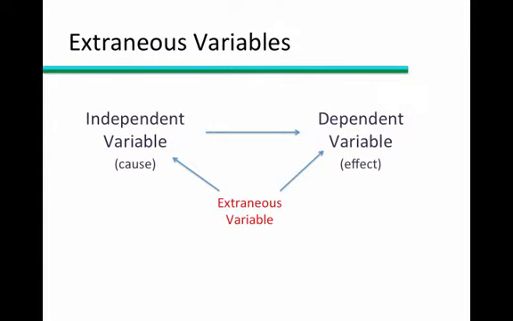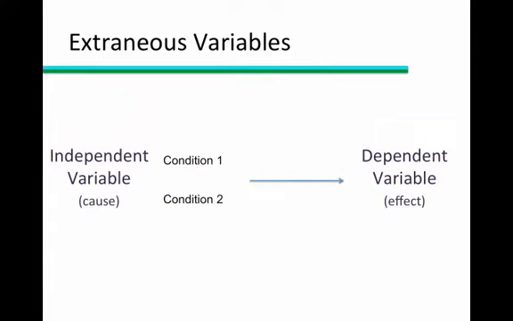Researchers do all they can to eliminate the impact of extraneous variables. In other words, they do what they can to control for them in some way. Oftentimes, they will make the testing situations of the two or more conditions or levels of the independent variable as similar to each other as possible, so that any unknown extraneous variables present are equally present, having an equal effect in all conditions.